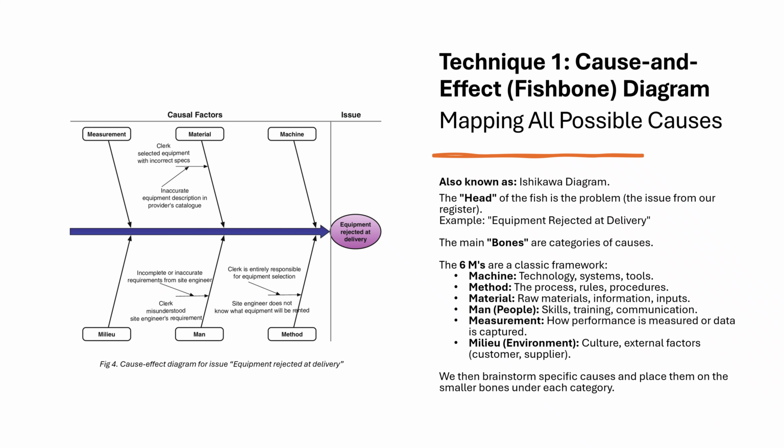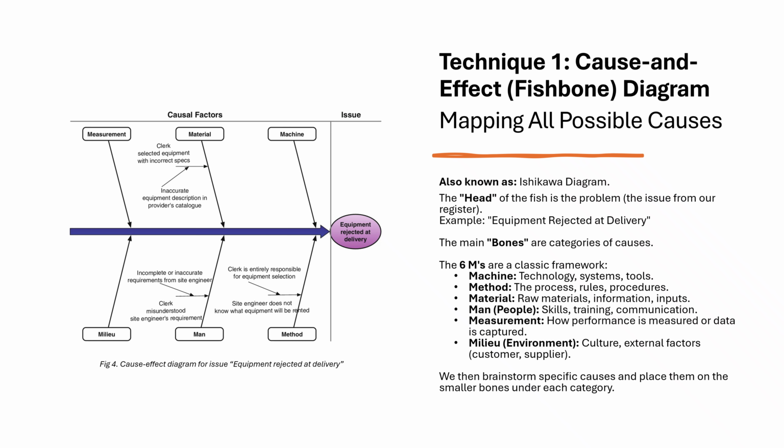The fishbone diagram, also called the Ishikawa diagram, is a categorization tool. The head of the fish is our issue, for instance, equipment rejected at delivery. The main bones are the high-level categories of causes. The most common framework is the 6 M's: machine, method, material, man or people, measurements, and milieu.